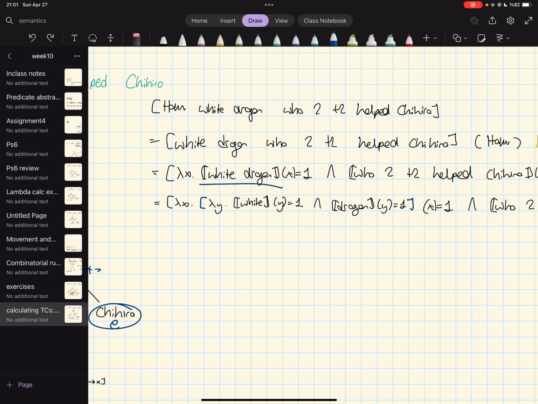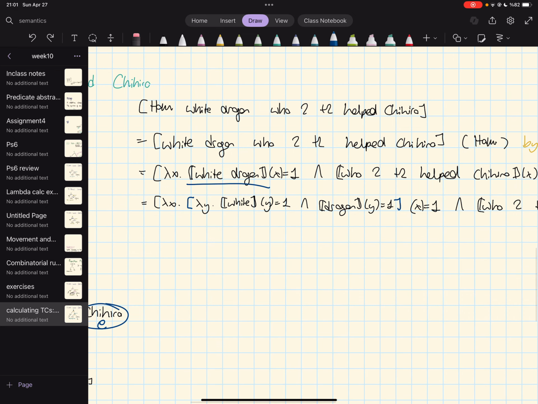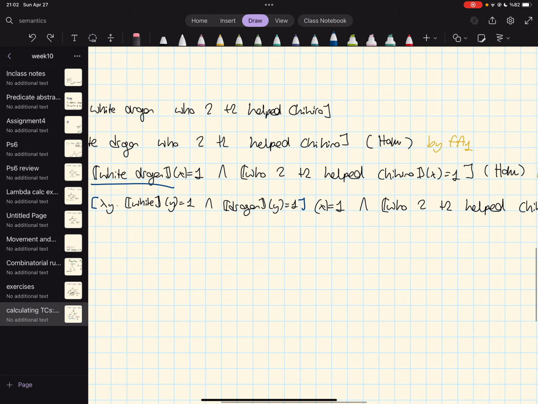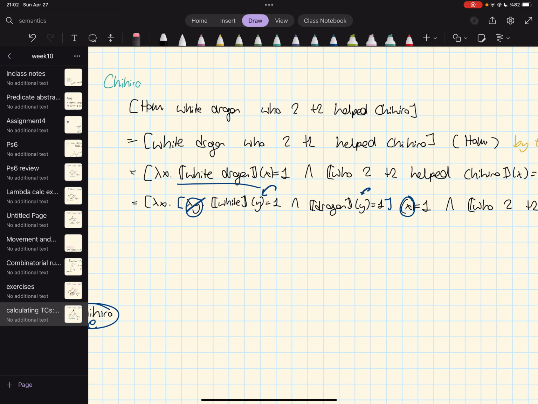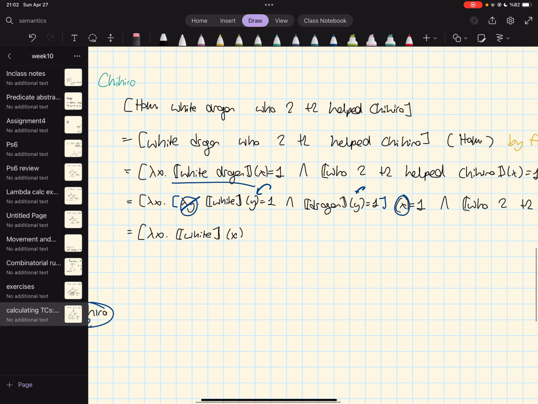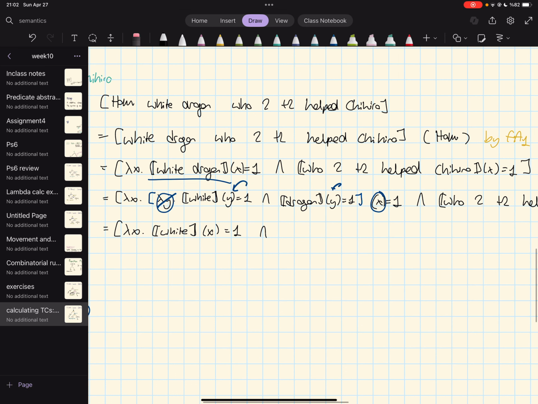So let's start off with the smallest brackets that we have, which is this one, and I have lambda y in here. Instead of lambda y, I'll be putting x. So x will eliminate lambda y, and instead of y, I'll be writing my x's. So lambda x such that I no longer need to write the colored brackets, white x, because instead of y, I'm now putting x, denotes 1 and dragon x denotes 1.